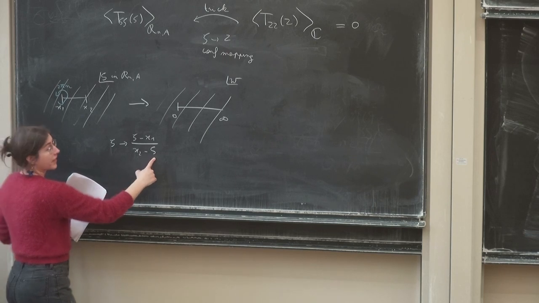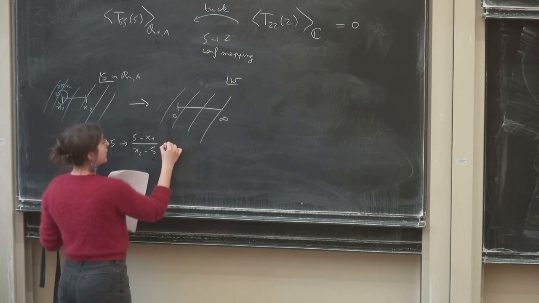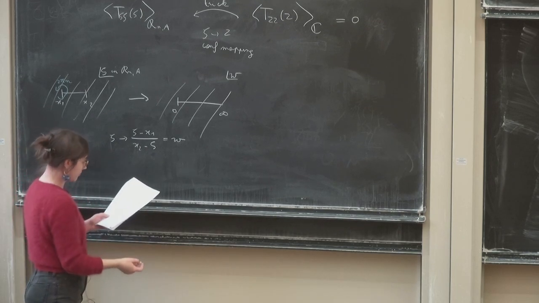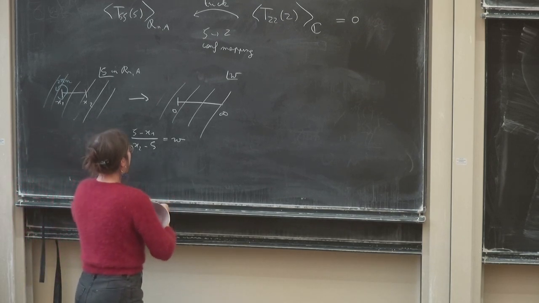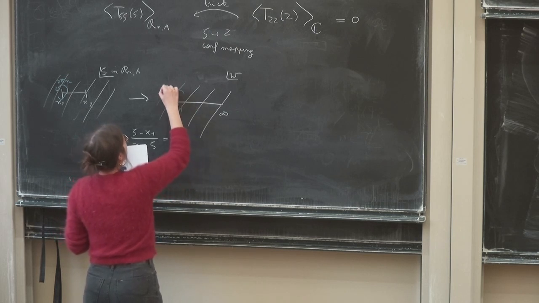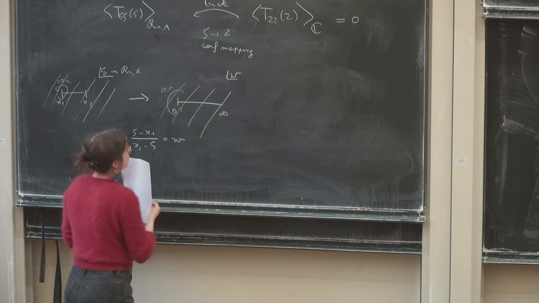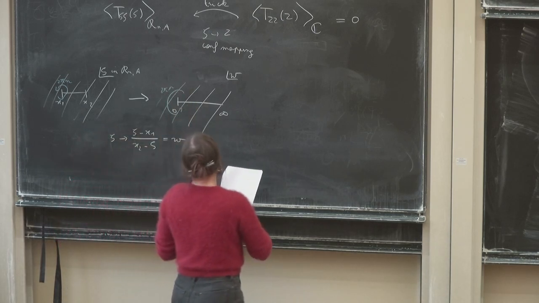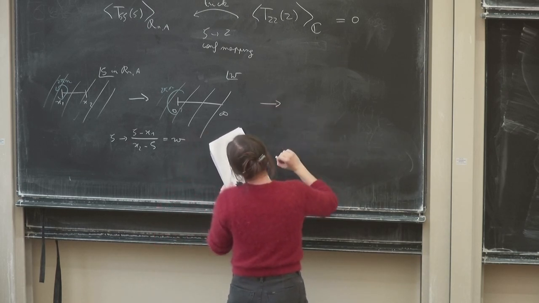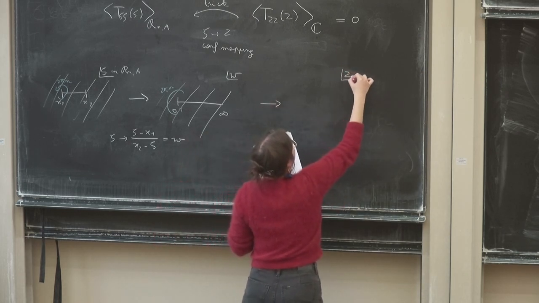This is the mapping I do, and I call this new coordinate W. I haven't done anything special, so my angle here is still 2 pi n. Now next, I want to map it to the plane.